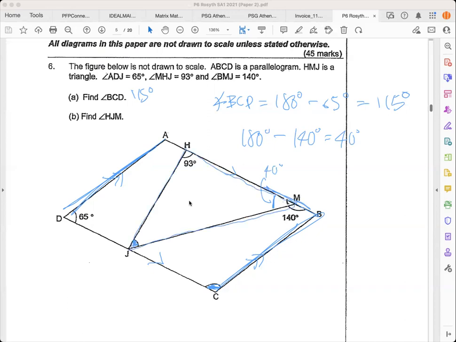Also add up 180 degrees. So 180 minus this and this, you'll get this angle. So 180 minus 93 minus 40 degrees, you get 47. So that's answer for part B. This answer for part A. Let's continue with question number 7.